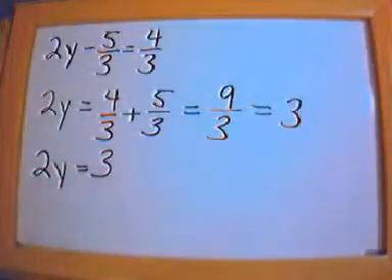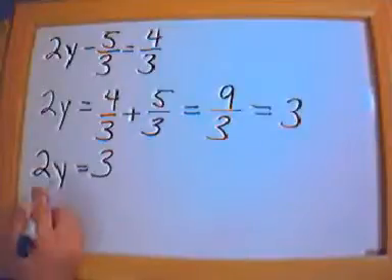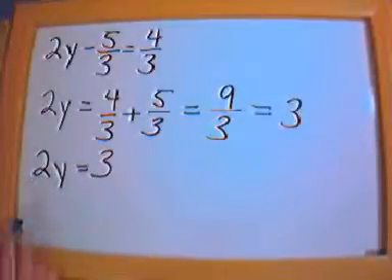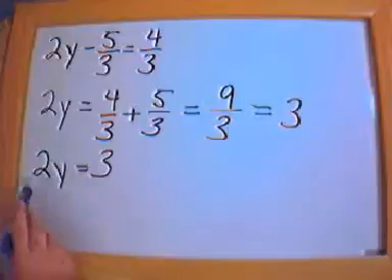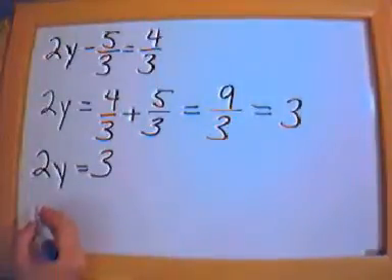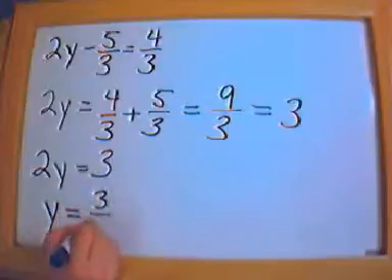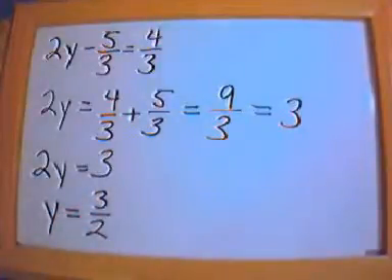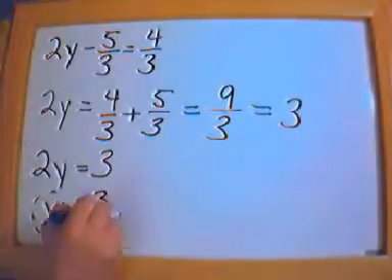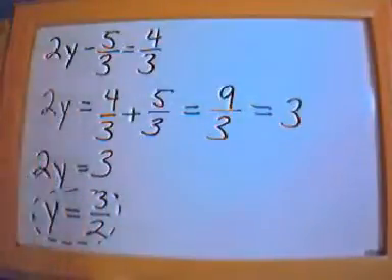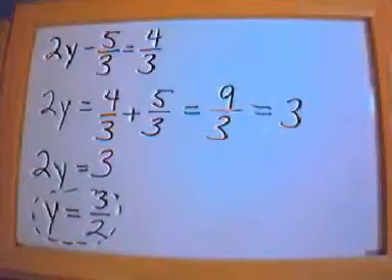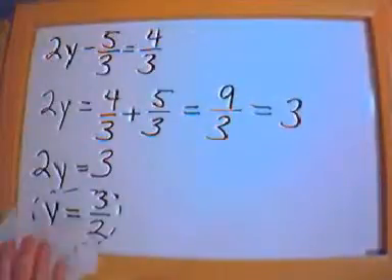And in order to get y by itself, since I have it multiplied by 2 here, I'm simply going to divide by 2. When I divide by 2, the 2's are going to disappear here. So I'm going to be left with y is equal to 3 divided by 2, because you must do that operation to both sides. And this is the answer. And if you were to take y and put it in there, you'll see that when you play with the fractions that it does indeed satisfy that equation.